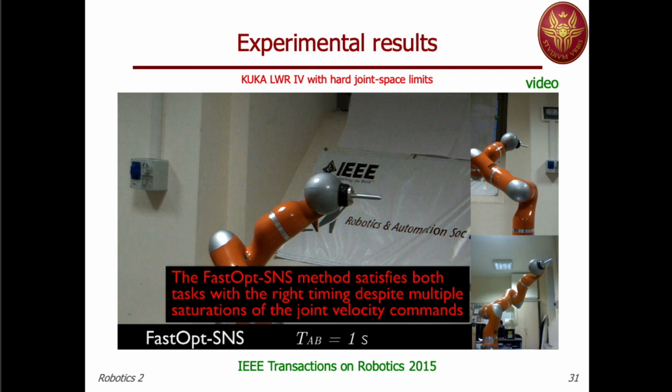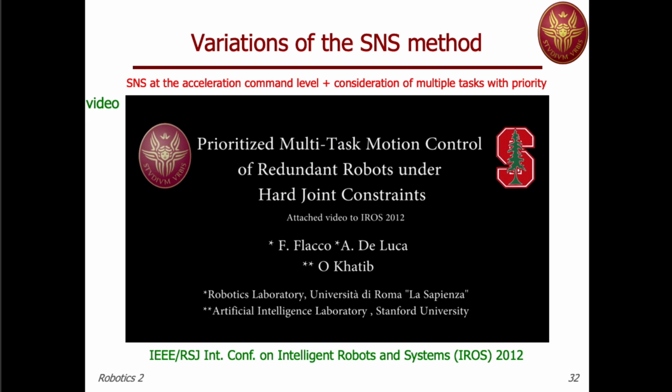Okay, so the second video that I would like to present, which is also the last one in this lecture, is again partly in simulation, a very fancy simulation, and partly with experiment, in which we have, again, multitask motion control with hard joint constraints and with priorities.